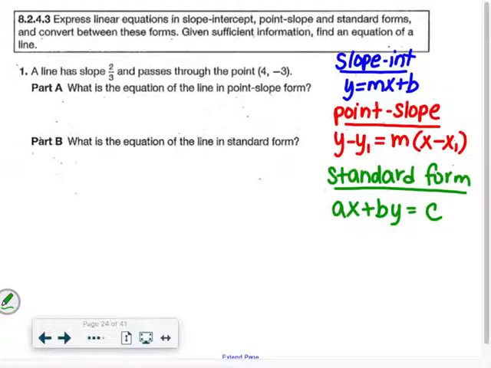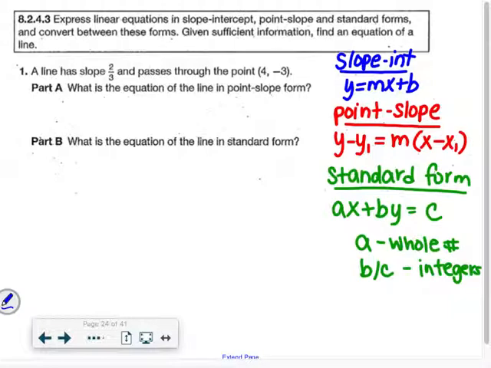And remember that a has to be a whole number, and b and c have to be integers. So no fractions or decimals are allowed, and the order is very picky. On all of these forms, they're written in a specific order, but this one in particular, you have to have the x, the y, the equal sign, then the plain number.